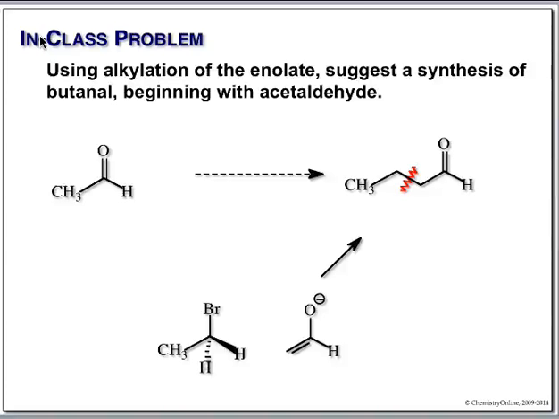Our alkyl halide, that's the other two carbons. That is simply bromoethane. The reaction: the enolate anion attacks, bromine leaves, and that gives us our butanal.